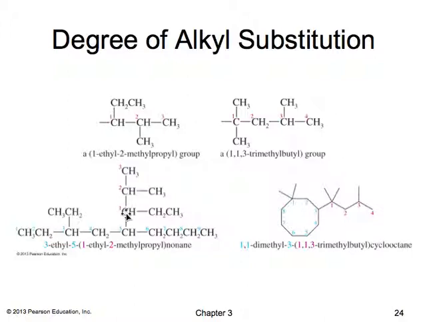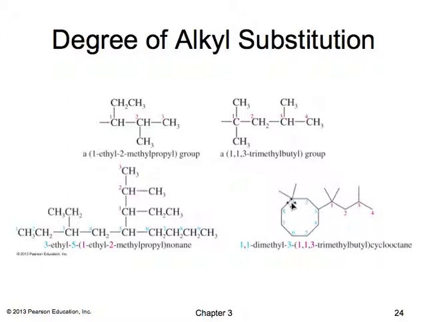So now you have to remember, when it's coming off the main chain, you number it 1, 2, 3. So this would be 1-ethyl-2-methylpropyl as a substituent, and then nonane. And then we'll put these all together so that it becomes 3-ethyl-5-(1-ethyl-2-methylpropyl)nonane.